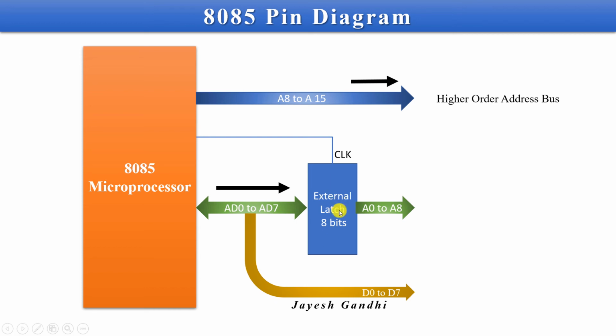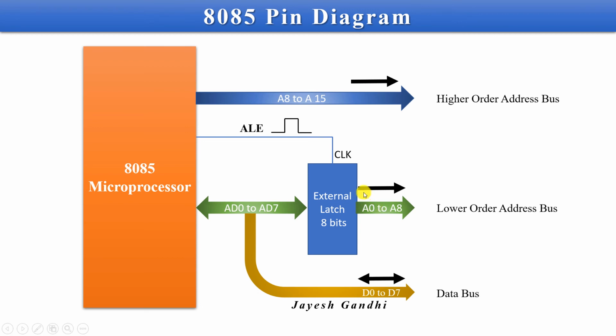Then the processor will issue the ALE signal. So it will give an ALE signal. On the falling edge of the ALE signal, the address is latched into this external latch. So this is what happens. Once you latch the data, it is available at the output as lower order address.